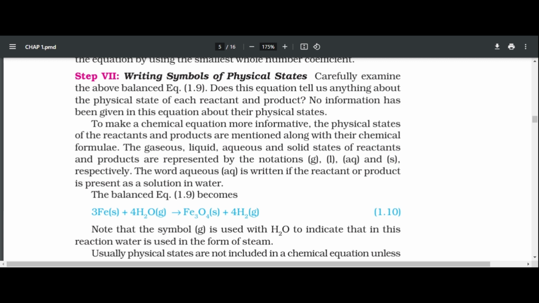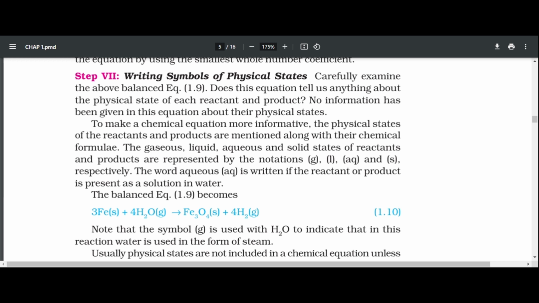Step 7. Writing symbols of physical states. Carefully examine the above equation 1.9. Does this equation tell us anything about the physical state of each reactant and product? No information has been given in this equation about their physical states. To make a chemical equation more informative, the physical states of reactants and products are mentioned along with the chemical formula.